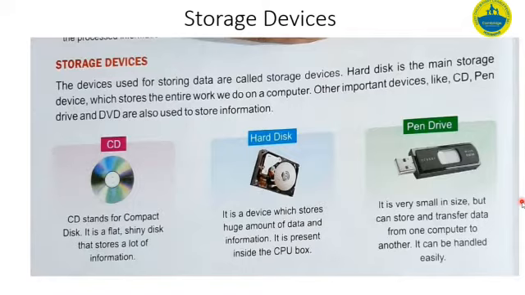Similarly, in the computer, we want to store different pictures, files, songs, movies, etc. So we need some space where we can store data in our computer. That space is called storage space, and the devices which provide us the storage space are called storage devices.